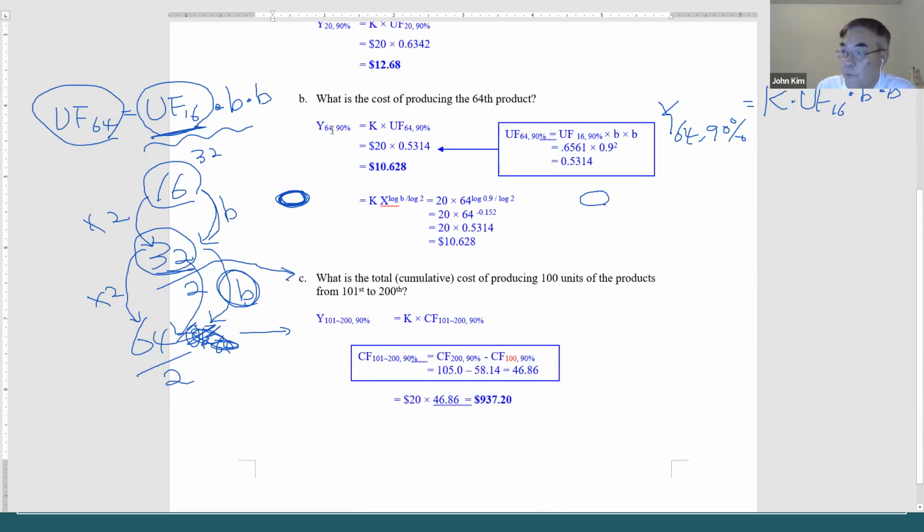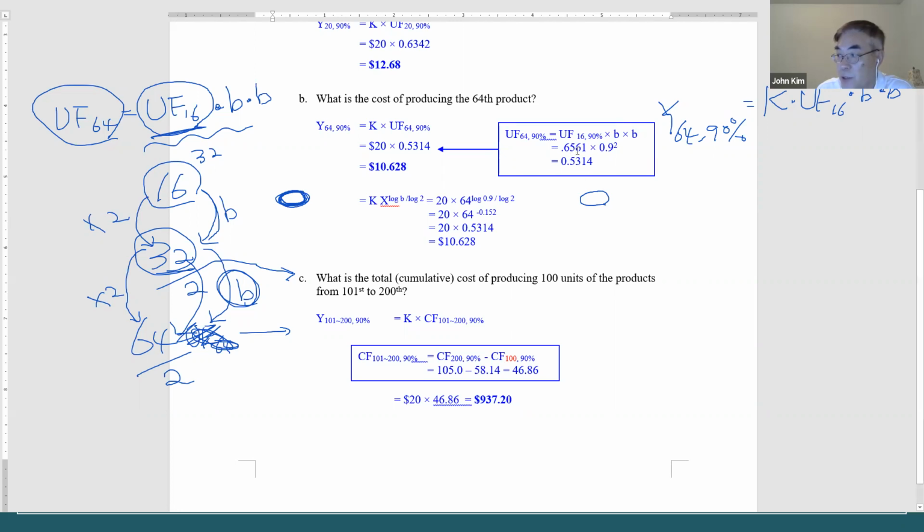So 64, we cannot find the 64, then divide by 2, 32, still we cannot find, so divide by 2, 16. 16 we can find, that is 0.6561 times B, that is unit factor 32, one more times B, that is unit factor 64.